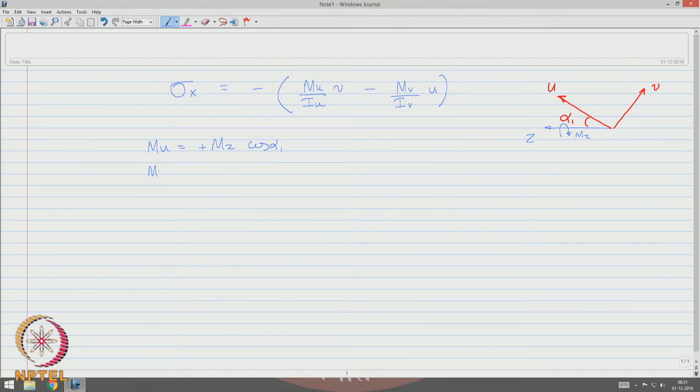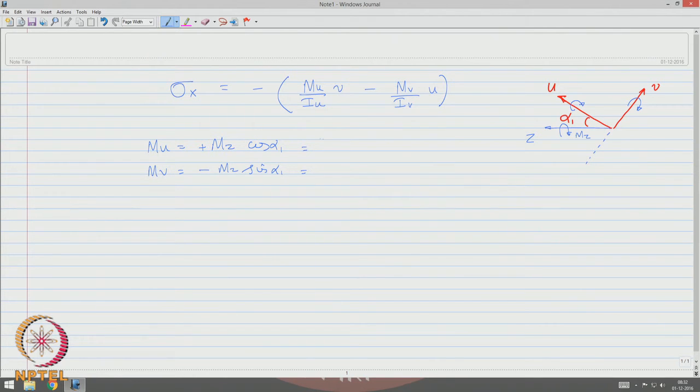And Mv, when it resolves, is in the opposite direction. Whereas for Mu the moment is marked this way and Mv is marked this way, but it is resolved in the opposite quadrant, therefore minus Mz sin alpha 1.